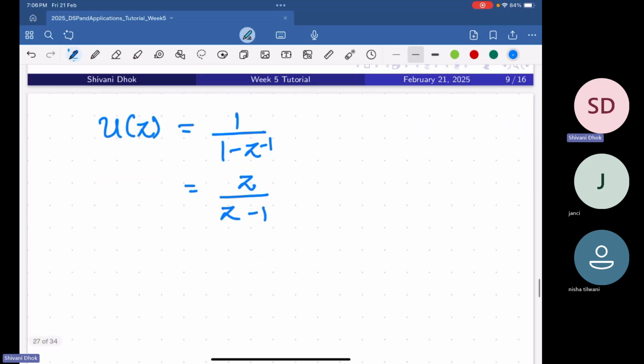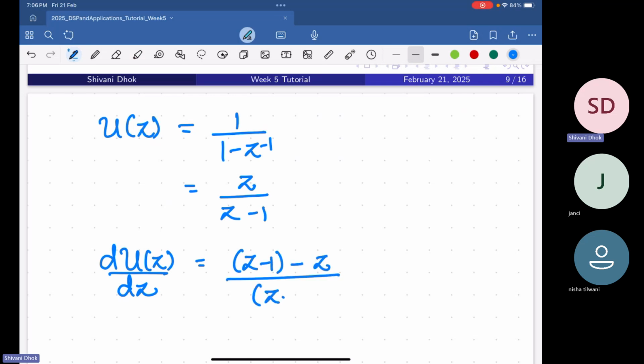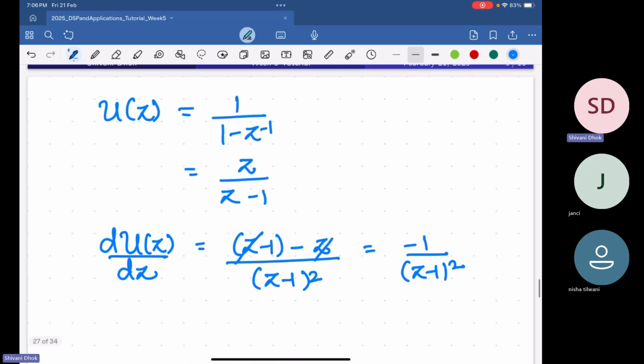So now let us differentiate this. What do we get? We get z minus 1 into the derivative of z, that is 1, minus z, upon (z minus 1) whole square. This z gets cancelled, and what we are left with is minus 1 upon (z minus 1) square.